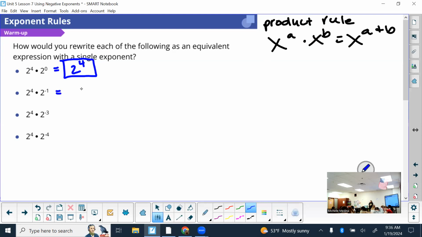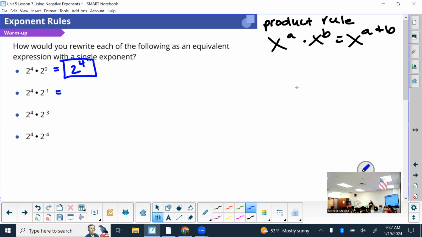What is it written on? Would this be the same base? So according to this rule, what do I do with the exponents?